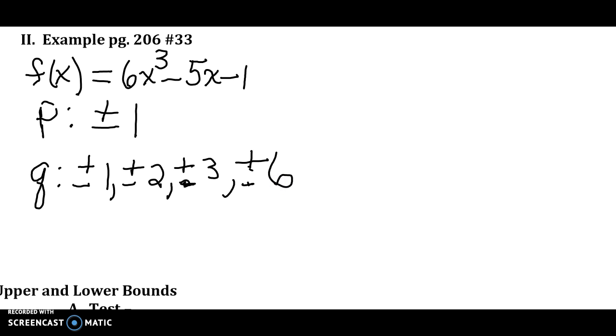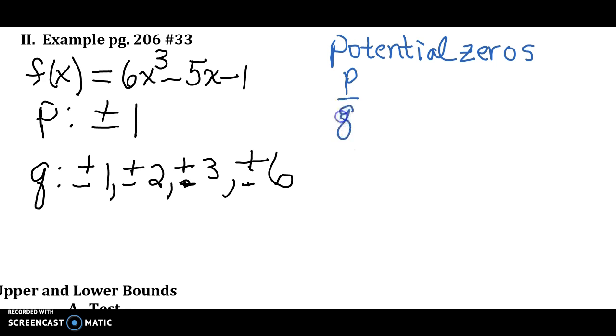Now what we do to make our potential zeros is make a list of the ratio of P over Q and all the possibilities of that. So our P's over Q are going to be, now this list is going to be short because we only have one for P. So it's just going to be 1 over each of the Q's.